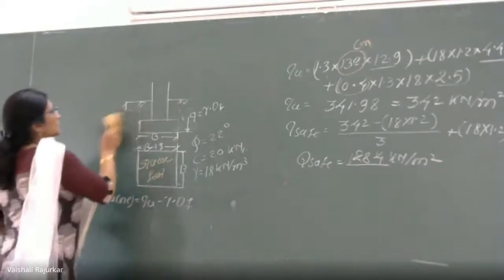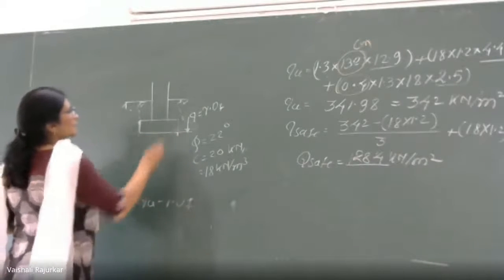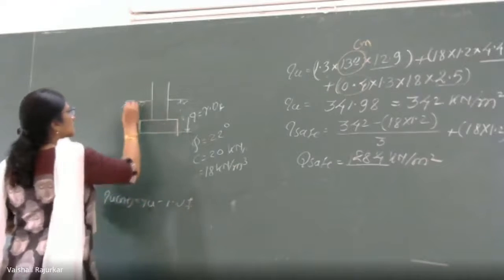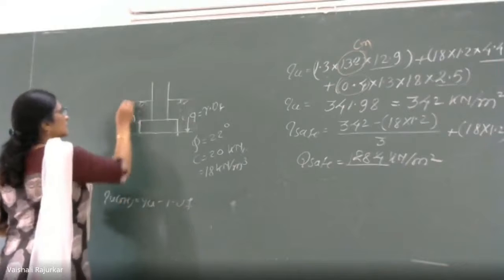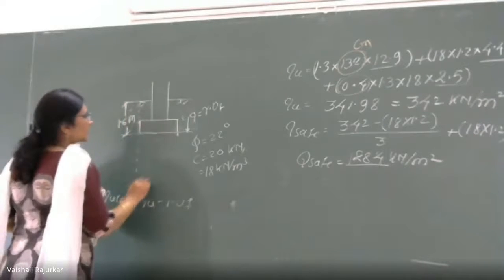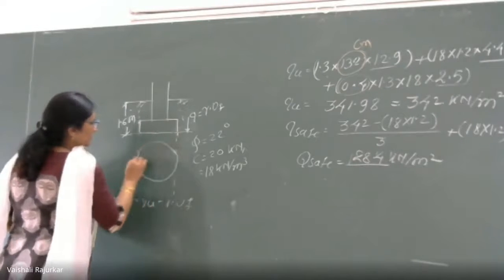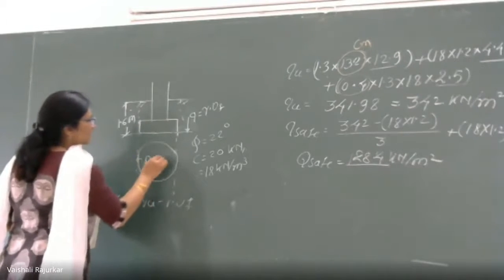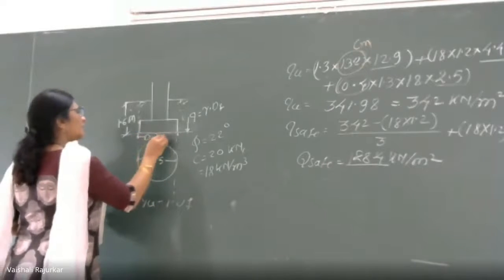So here, this is a circular footing. The depth is 1.6 meter from the ground level. The diameter is given as 1.5.